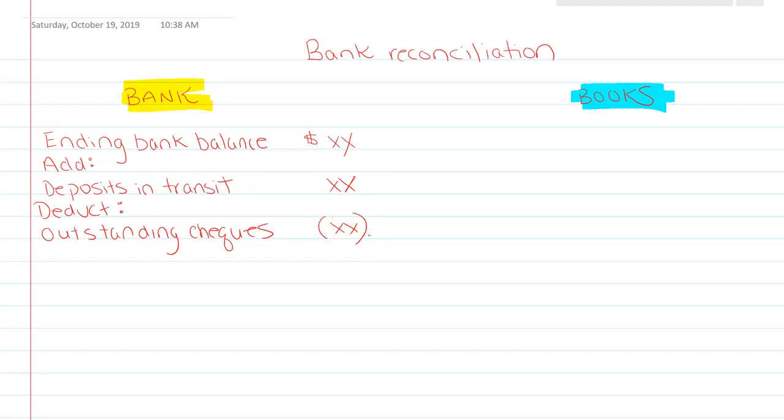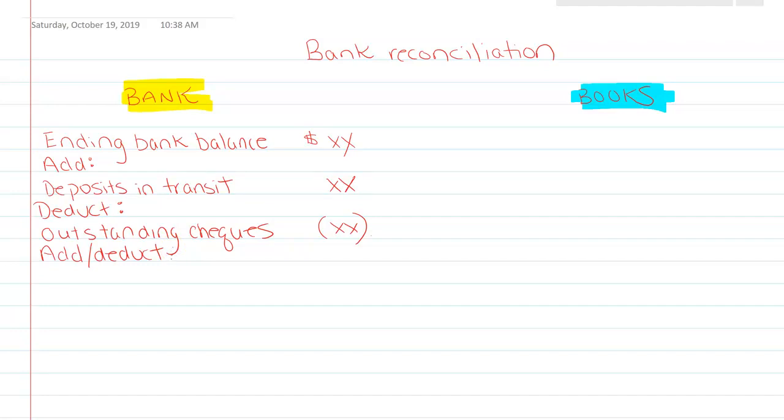And then the odd time, the bank will actually make an error. So I've seen before where the bank will accidentally deposit somebody else's deposit into our company bank account or accidentally take money out of our bank account that is ours. So in those cases, we would just leave them on our bank reconciliation.